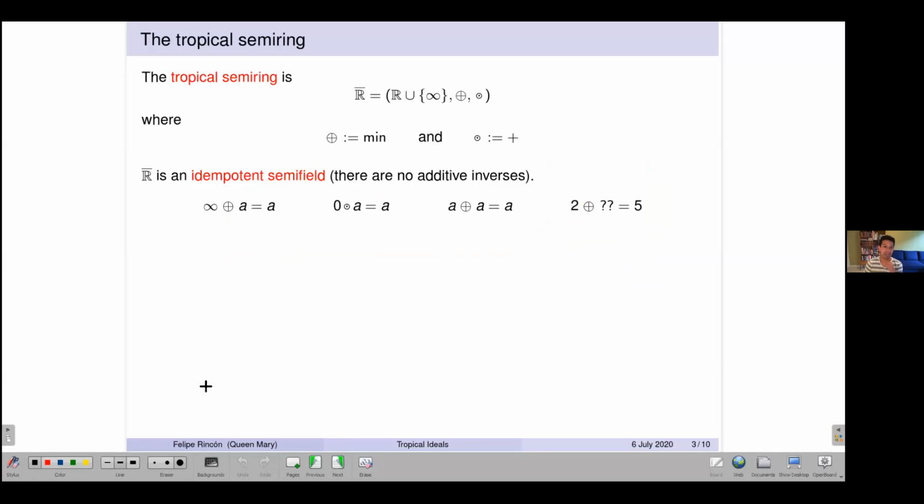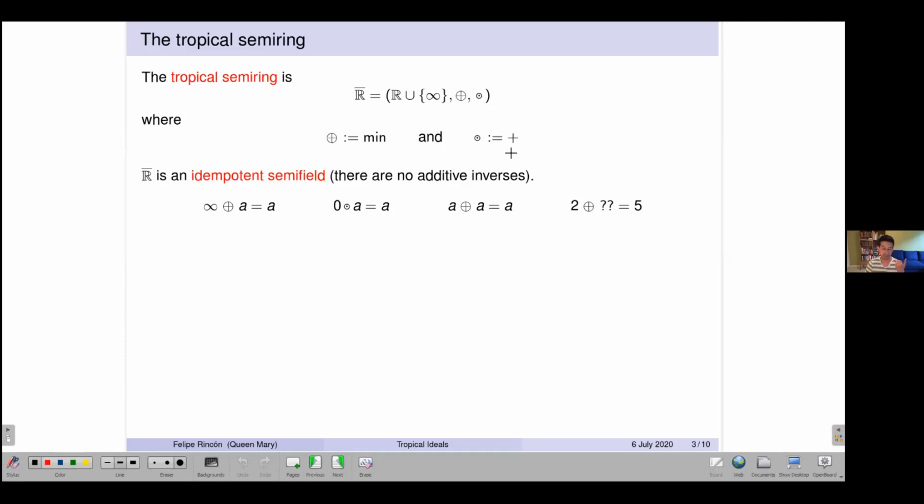Let me set the notation again, and remind you what the setup is. The tropical semiring is going to be denoted by R bar, and as I said, it's just the real numbers together with one more element, infinity, and the two operations, tropical addition and tropical multiplication, which for me are going to be minimum as tropical addition, and plus as tropical multiplication.